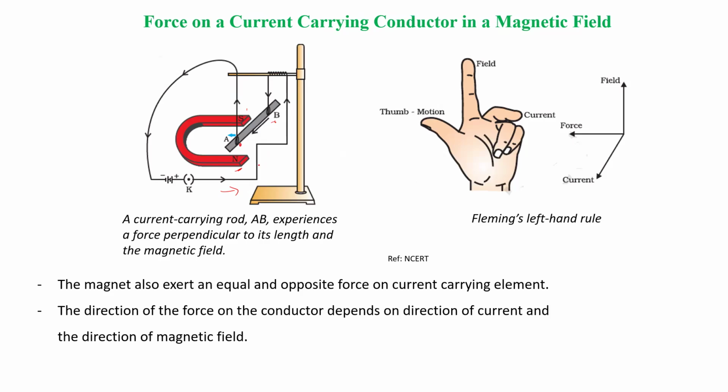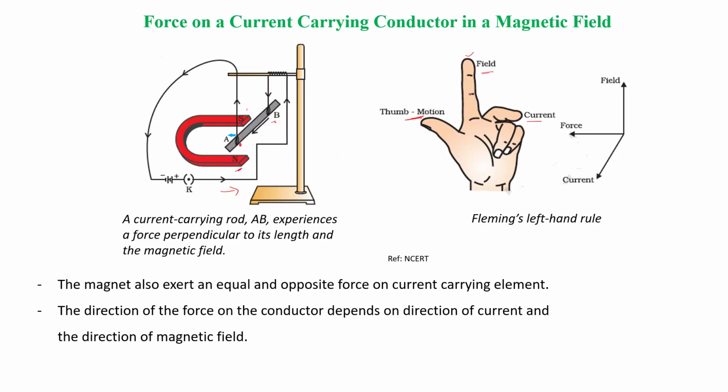If two components are known, we can find the third. In Fleming's left hand rule, the thumb shows the direction of the motion, the middle finger shows the direction of the current, and the forefinger shows the direction of the field.